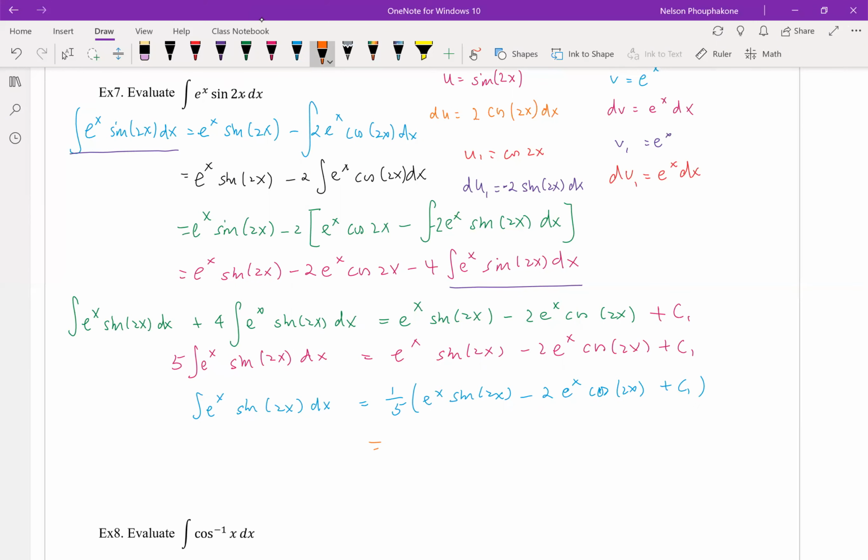And now I will have minus 2 e to the x cosine of 2x over 5 plus c, where c is equal to c sub 1 over 5.